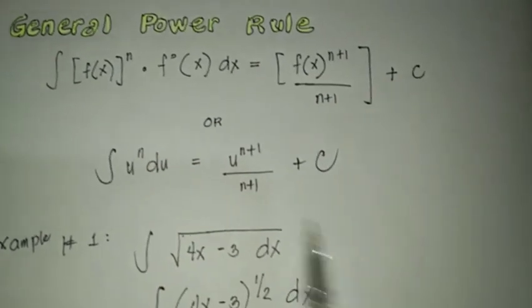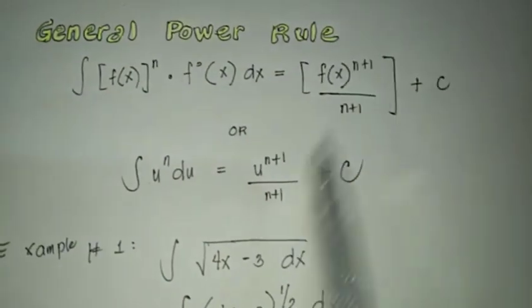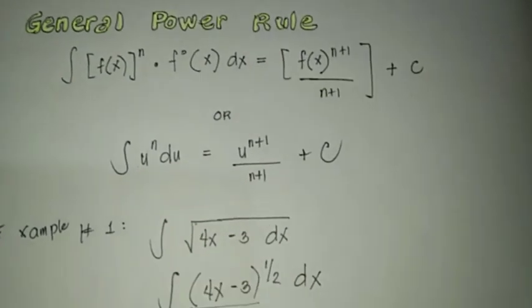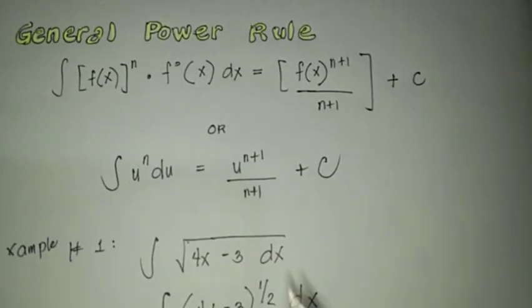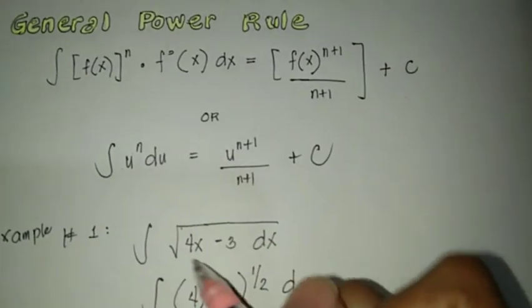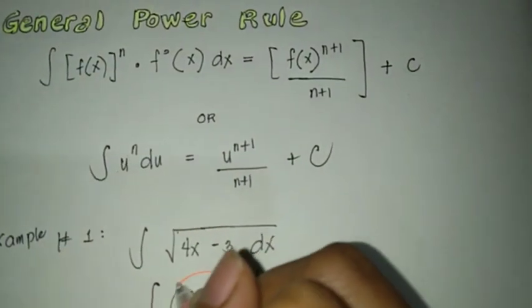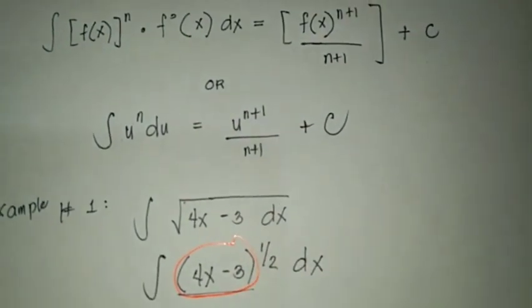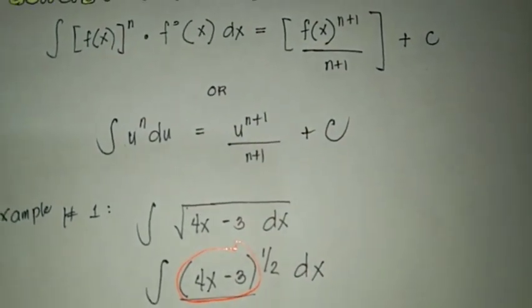The first step in this rule is that we will find the value of our u. So u is equal to 4x minus 3.